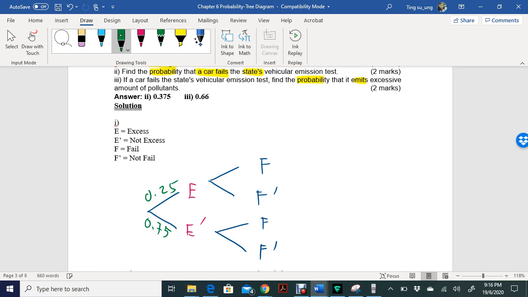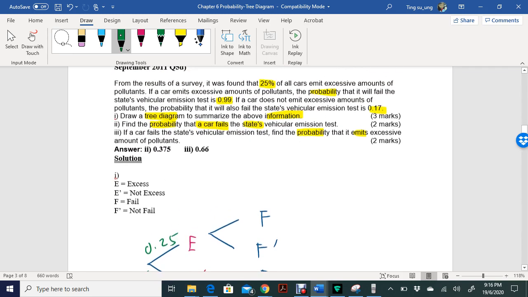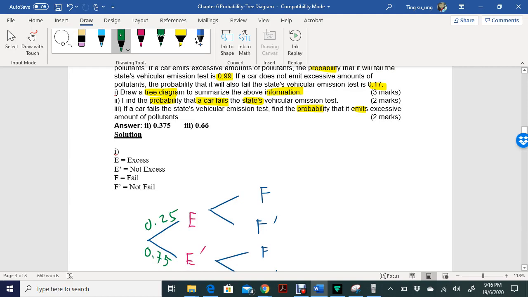For excessive emission, the probability of failing the emission test is 0.99. Sorry, so the balance will be 0.01.